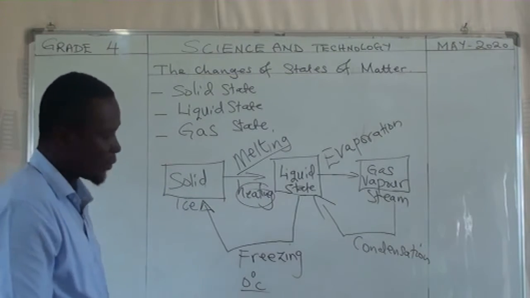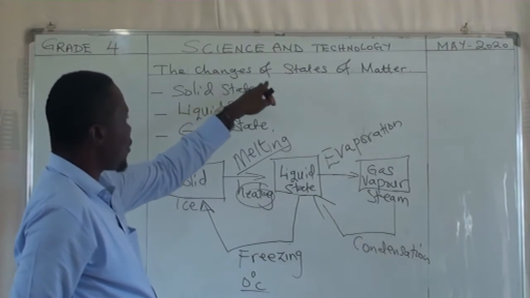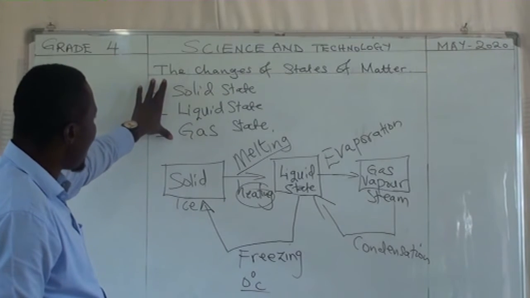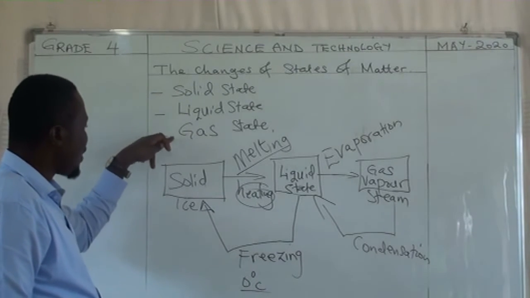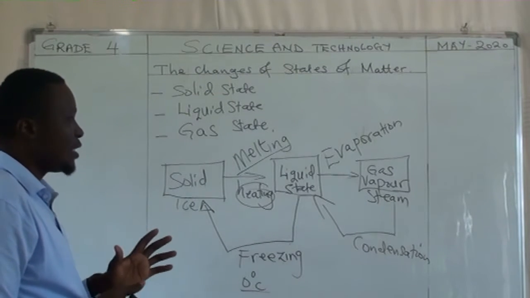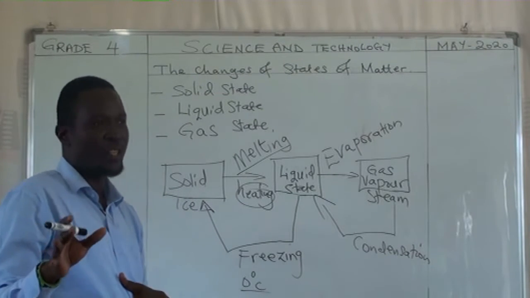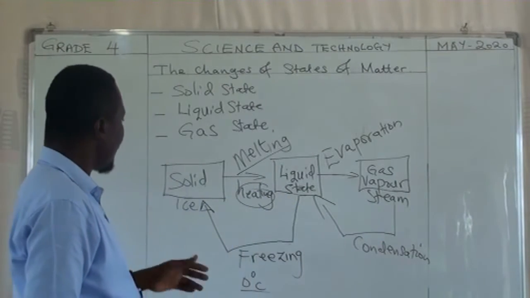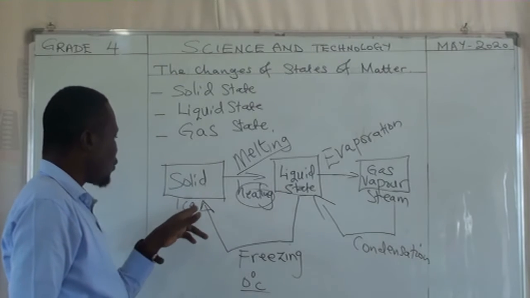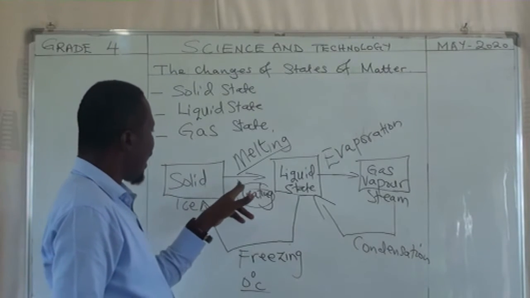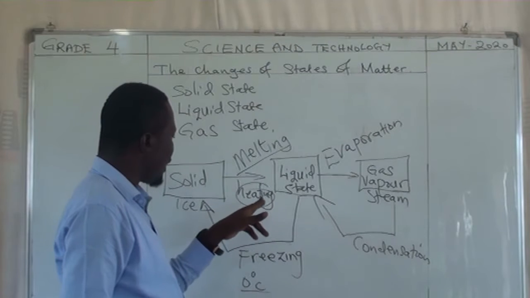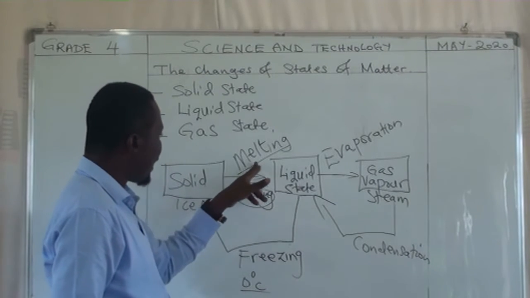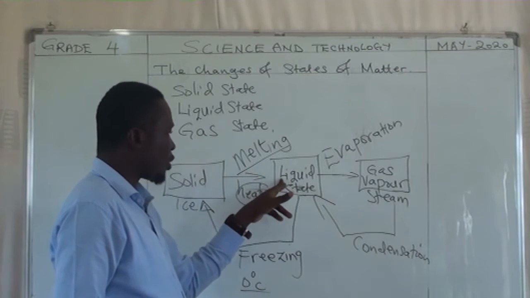What have we learned? We have learned the changes of the states of matter, right? The three states of matter are solid, liquid, and gas. And matter can change from one state to another when there is a change in temperature. The solid state of water, which is called ice, can undergo melting through heating, so ice melts to form liquid water.